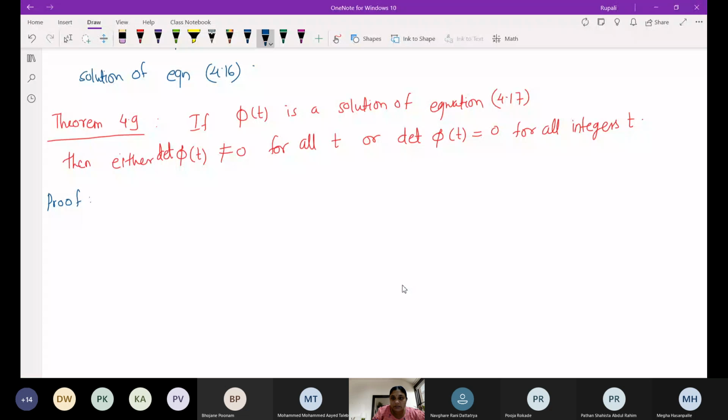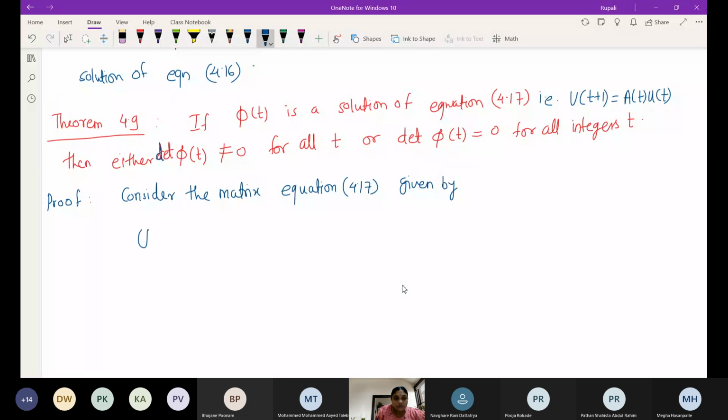Consider the matrix equation 4.17 given by U of t plus 1 is equal to A of t times capital U of t.